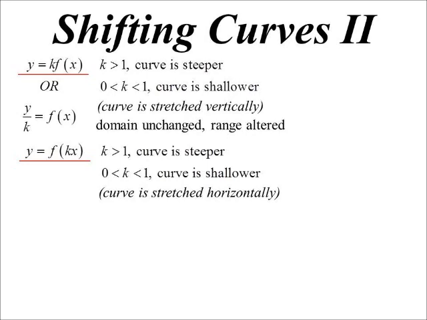But you'll also notice when I've grouped it with the x, it's k times x, but when I grouped it with the y, it was y divided by k, and so that's why we end up with the same feature of curve getting steeper, curve getting shallower. So it's stretched horizontally, so now it's pulling it out or pushing it in. So the domain will change on this one, the range shouldn't change.